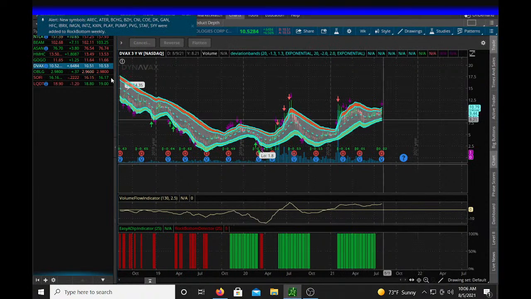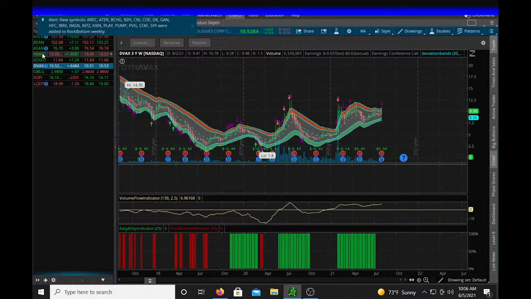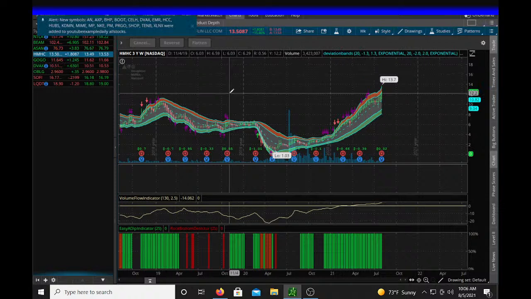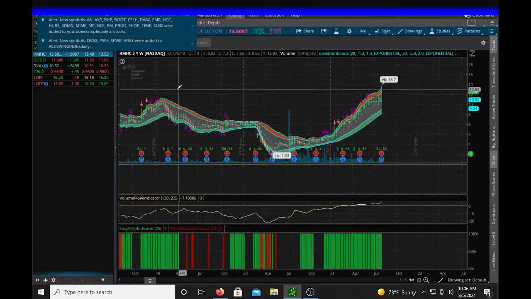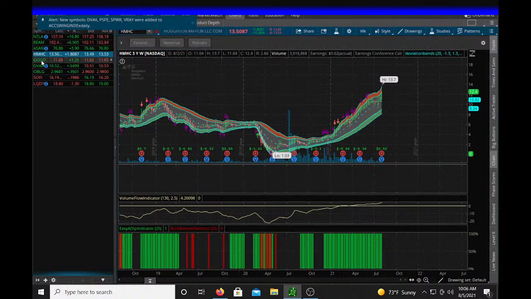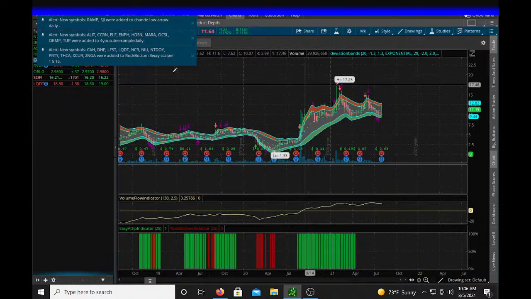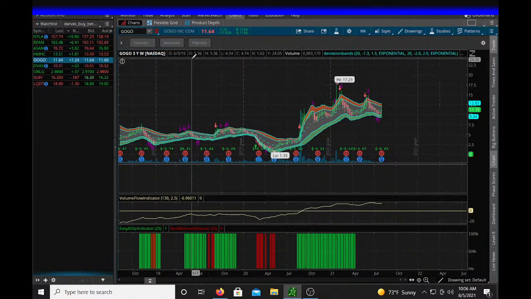Looks like a bit of a push down into earnings. Houghton Mifflin Harcourt. I can't quite read it. I think I need glasses. I don't know what GoGo Inc. is.